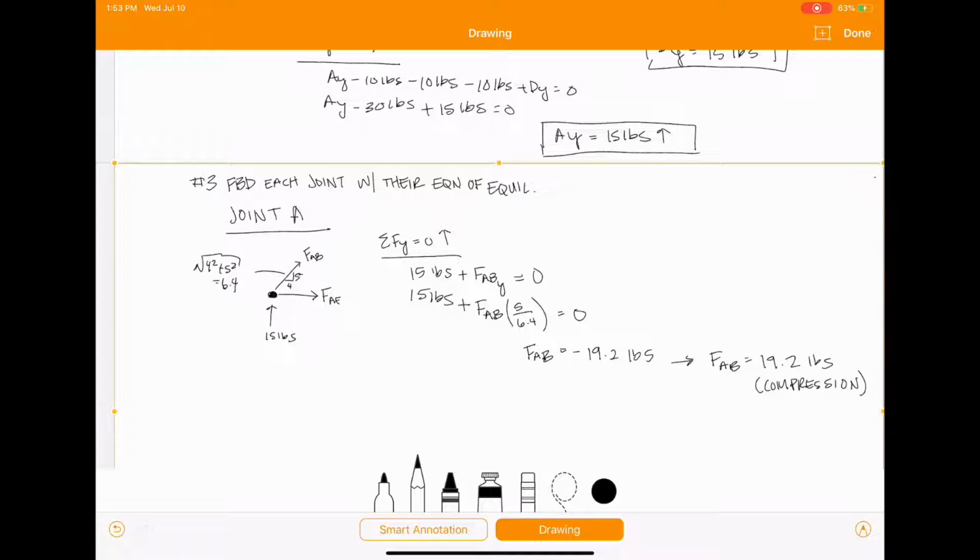Now we can do our sum of forces X. So we're going to get FAE X component plus FAB X component equals 0.